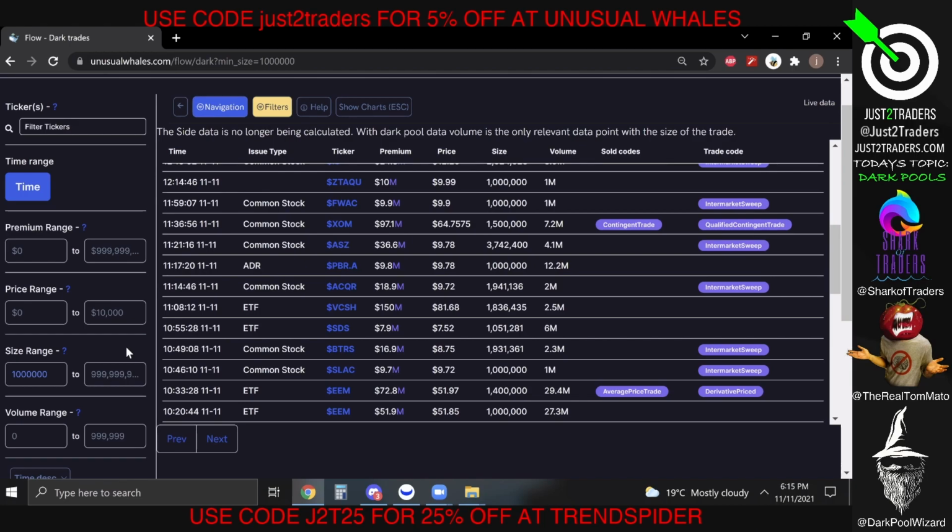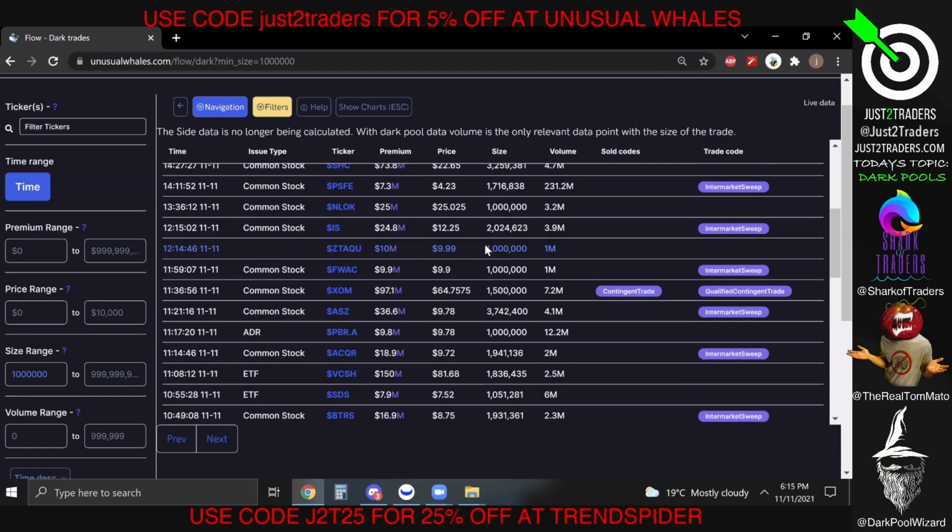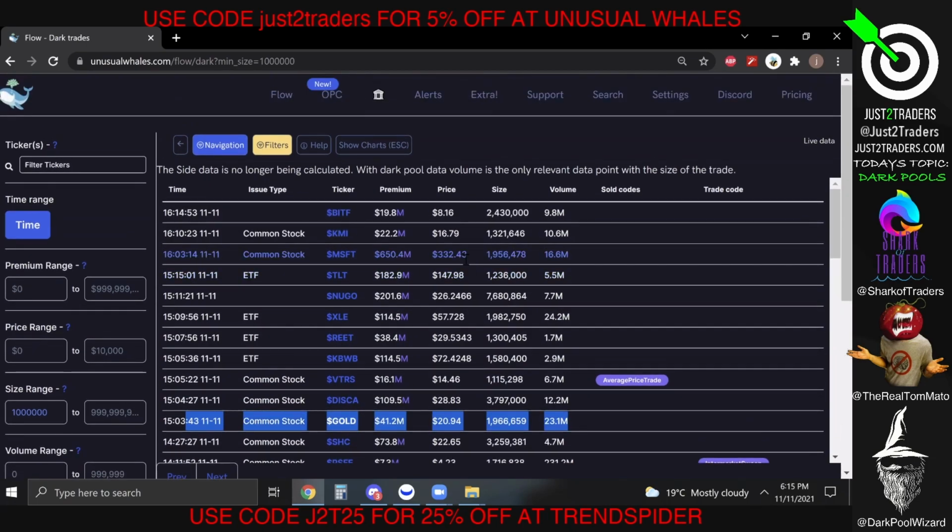Okay, so by default, and this is a very loose rule, I like to see 1 million size. Now, the caveat to this is they are sneaky bastards, and I can't just use this 1 million filter only. I'm going to have to drop it down to like 500K and then 200K.